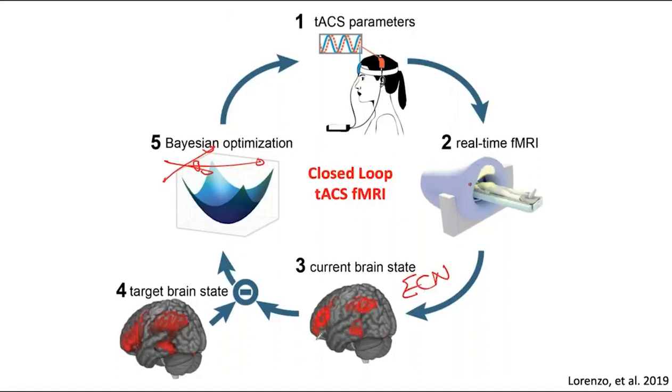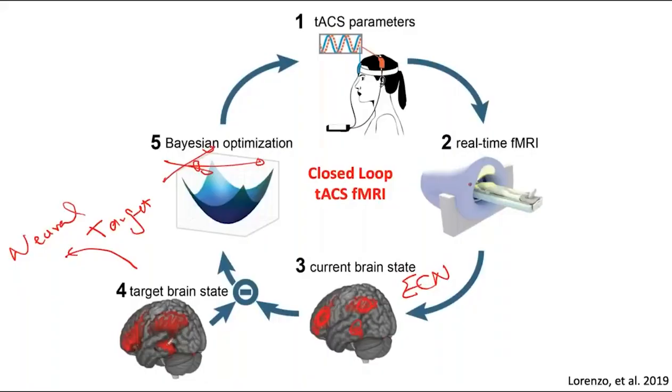We want to see if we are there or not. If we are not in the target brain state, this is the neural target that we discussed before. Have we been able to engage that neural target or not?